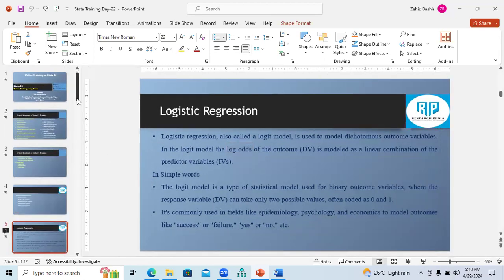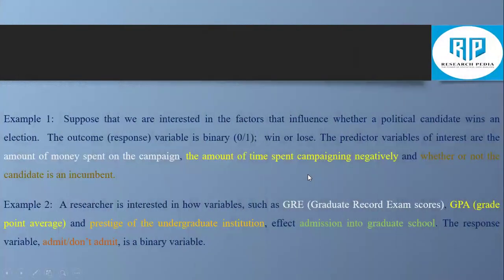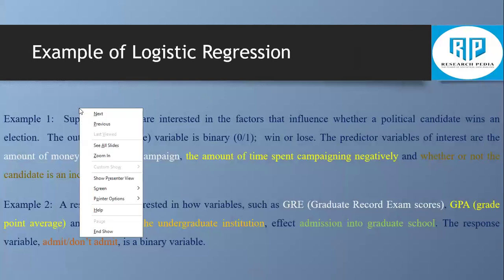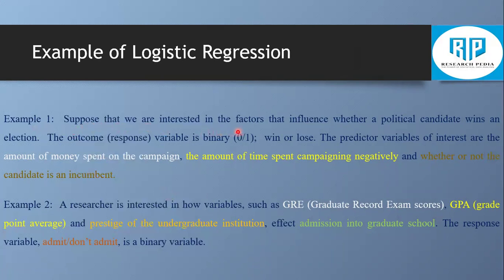The further thing that we need to understand here is the example of logistic regression. What are the practical examples? How can we understand that this type of regression is known as logistic regression? For example, suppose that we are interested in factors that influence whether a political candidate wins an election. The outcome, the response variable, is binary, win or lose, with win indicated by 1 and lose indicated by 0.